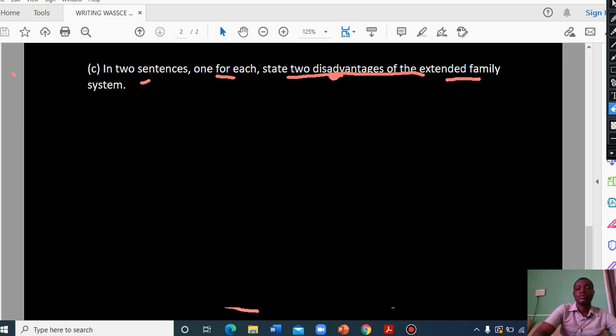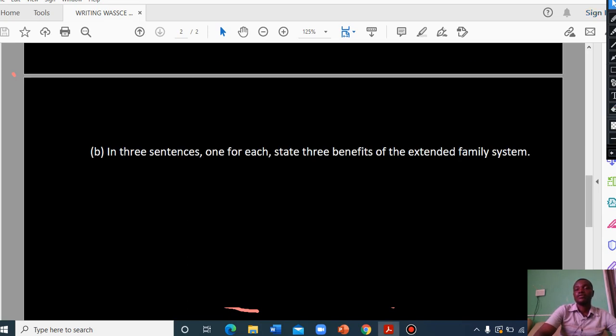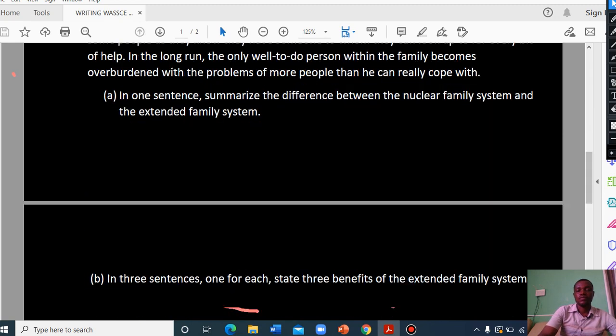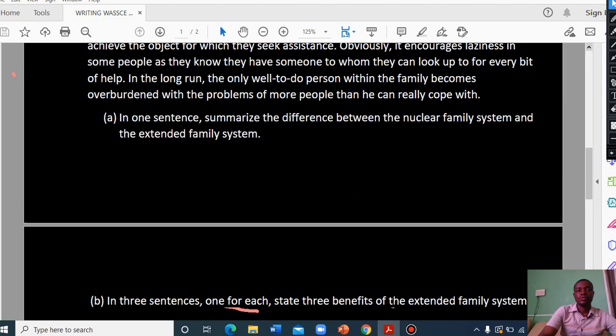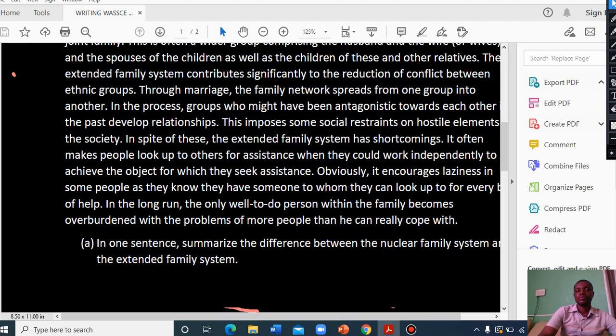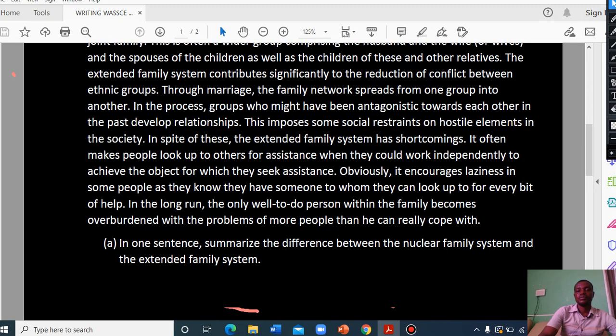So after we have read the question, we now move on to the passage and fish for the answer. So we continue from where we stopped. Then we start reading. In spite of this, the extended family system has shortcomings.